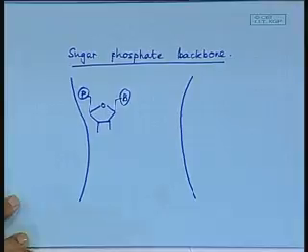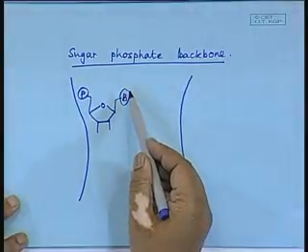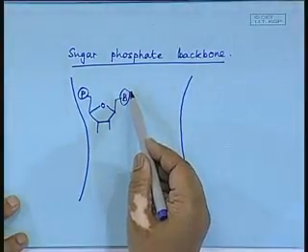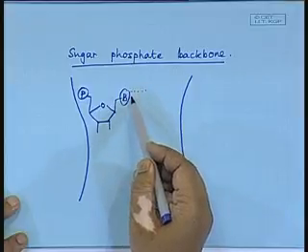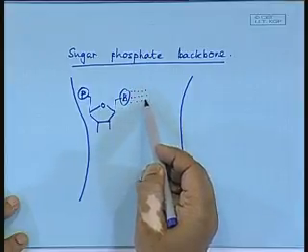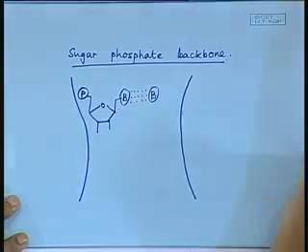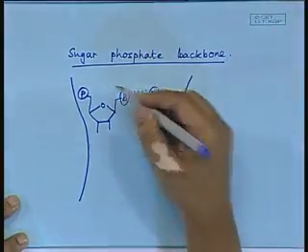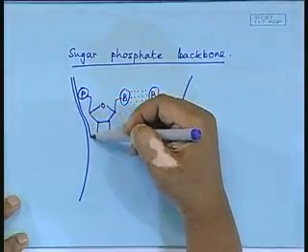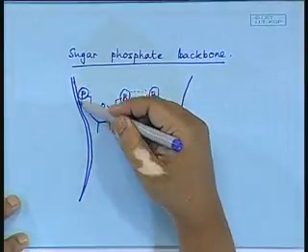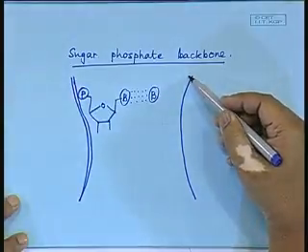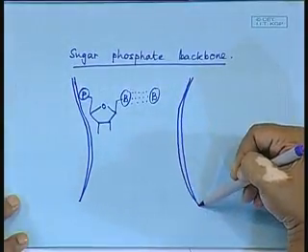In base pairing, what you have is specific hydrogen bond interactions between bases, between the two strands. So, what is this strand made of? This is just the sugar phosphate backbone, right?